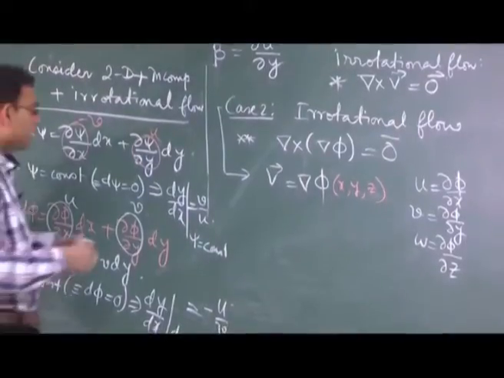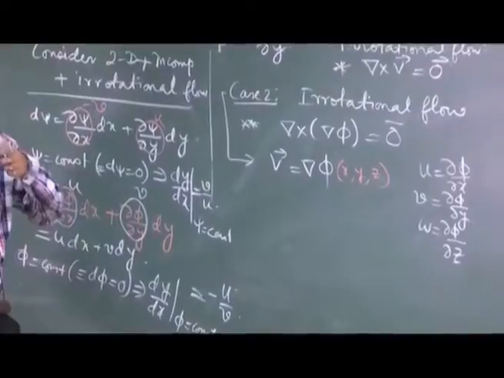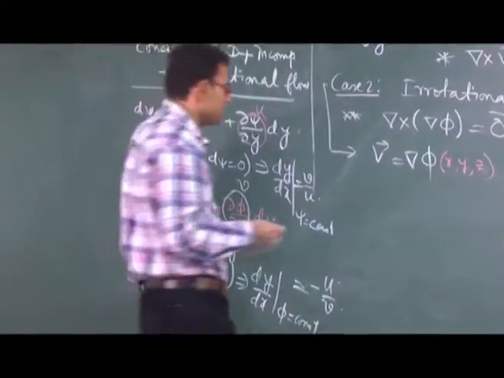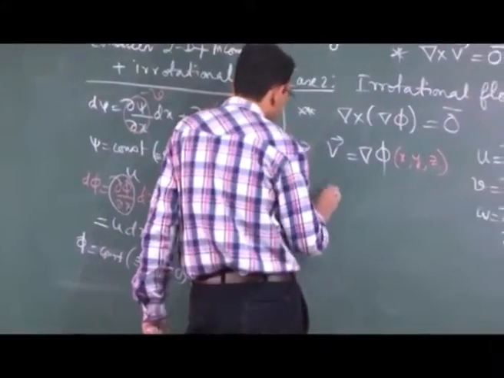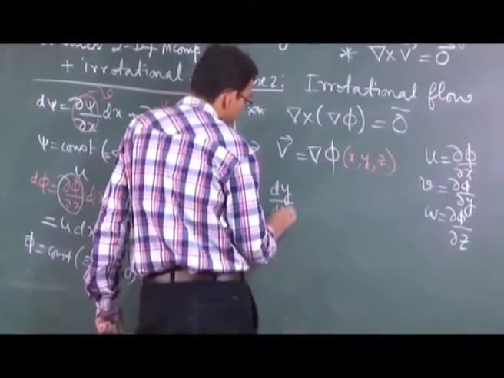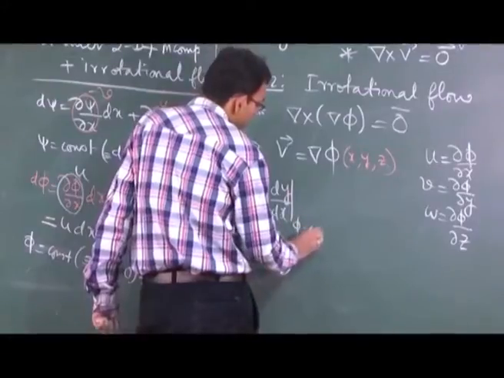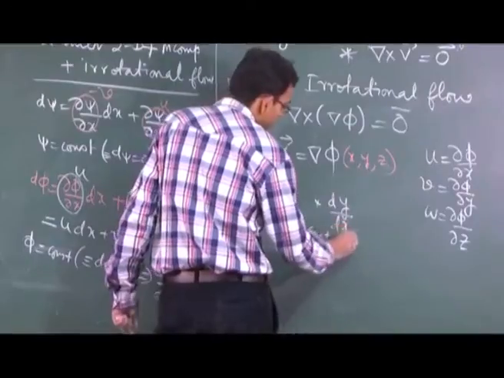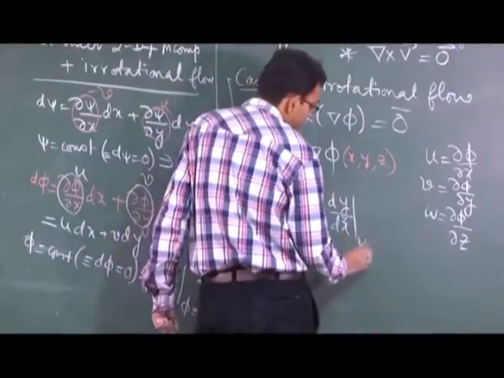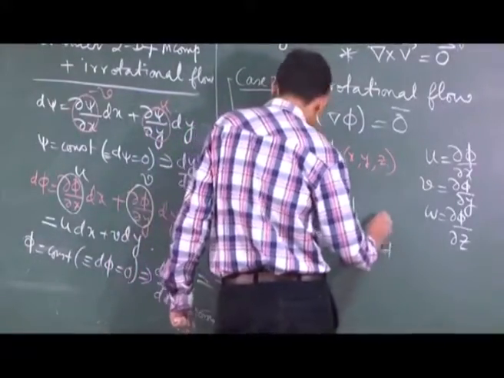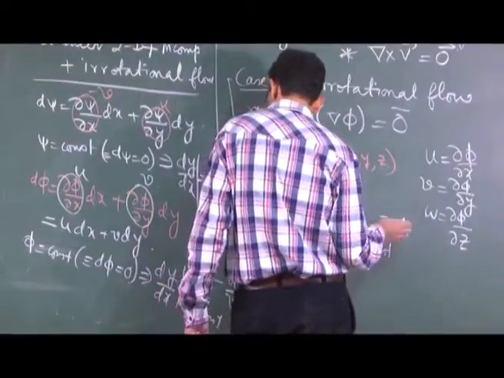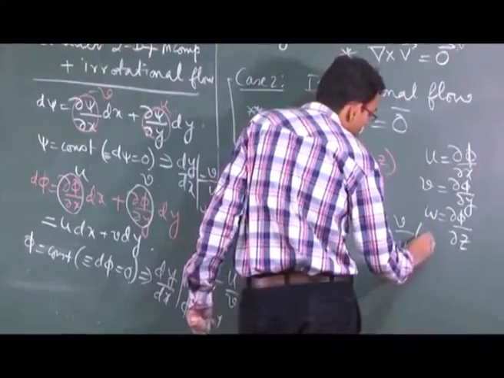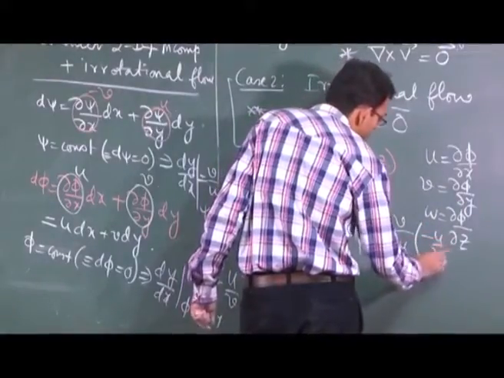So, at a common point where you have phi equal to constant lines, which are imaginary lines, and psi equal to constant lines, dy/dx for phi equal to constant multiplied by dy/dx for psi equal to constant is equal to v by u into minus u by v.